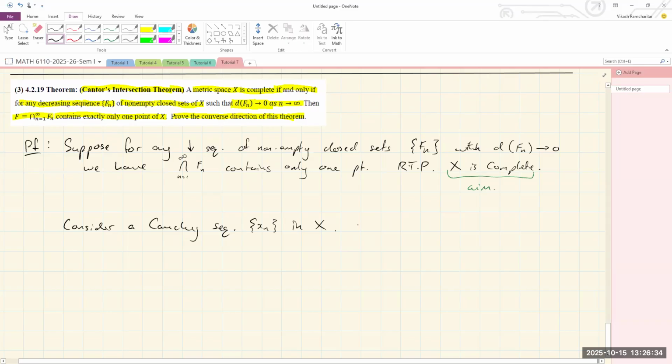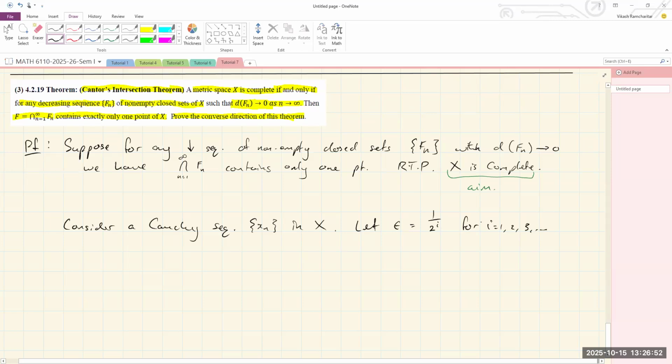So I want to do this for a bunch of different epsilon. So let epsilon be 1 over 2 to the i, for i equal 1, 2, 3, and so on.